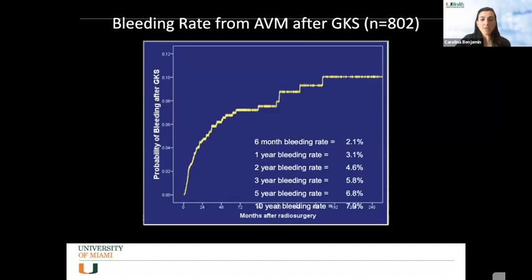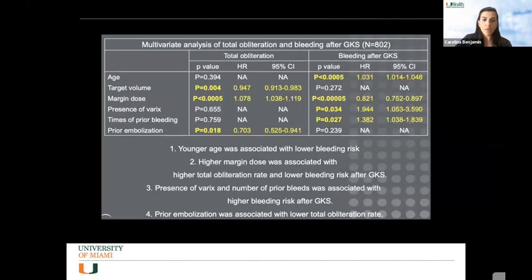The bleeding rate from AVM you can see here is about 2% at 6 months and goes to about 8% at 10 years, and it increases. Months after radiosurgery is shown here against probability of bleeding. So there is a risk of bleeding in that latency period, and I'll go into that a little bit further as well.